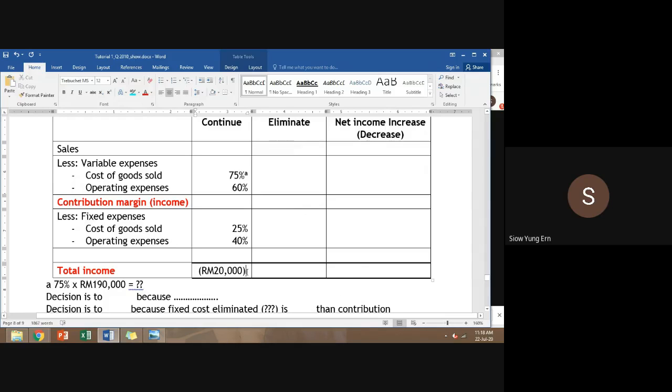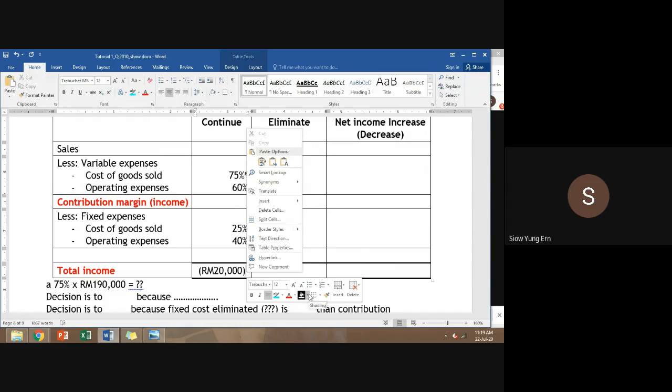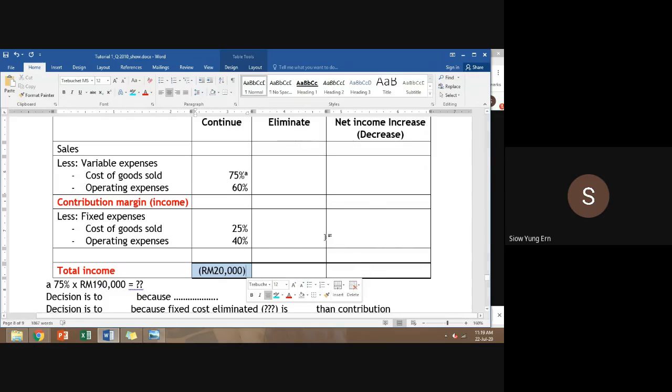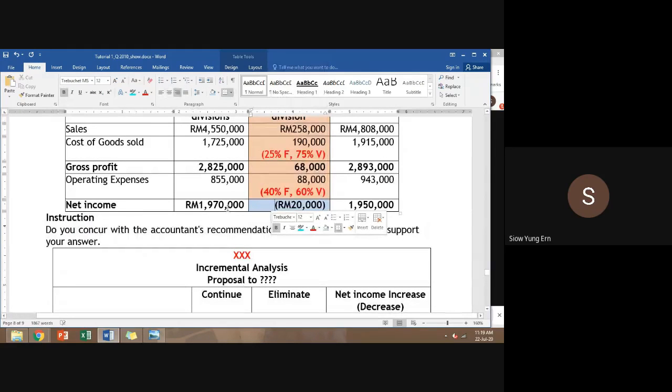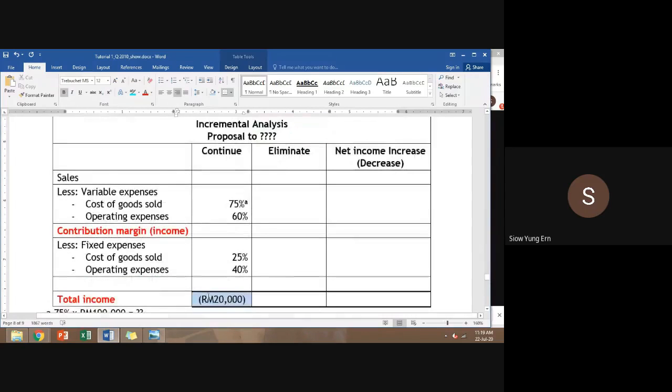So if you realize, actually your final answer, your total income is the same as your question. Do you realize it is the same? Negative 20,000, negative 20,000. The only difference is your cost of goods sold and operating expenses you split up.